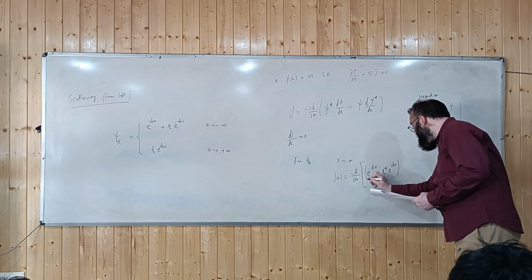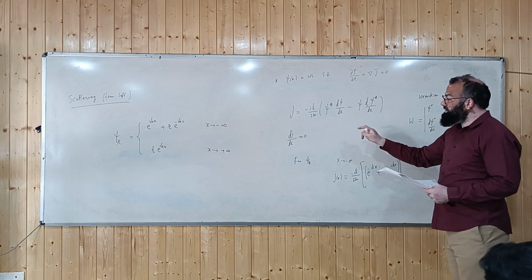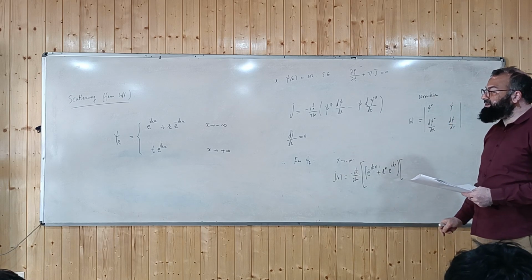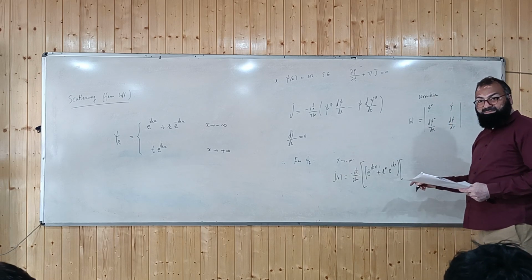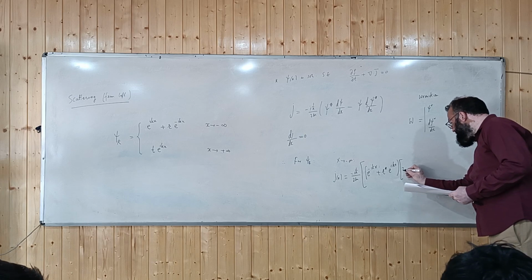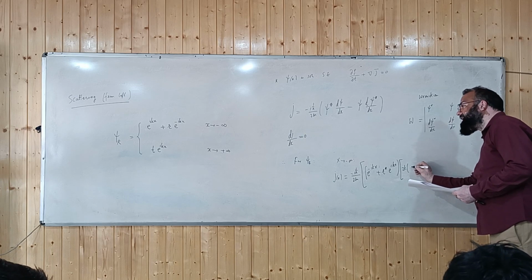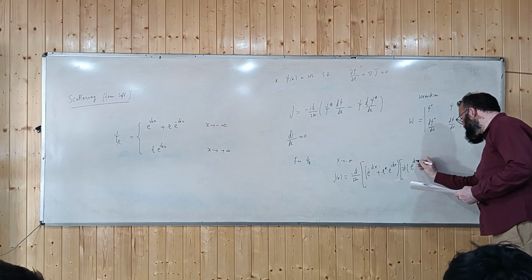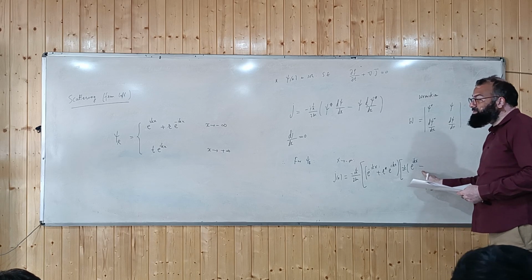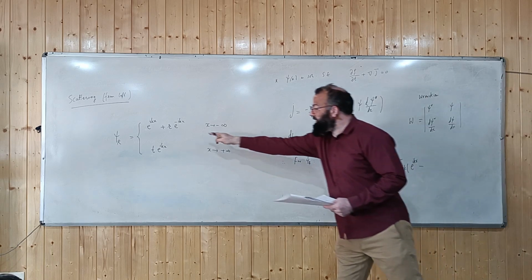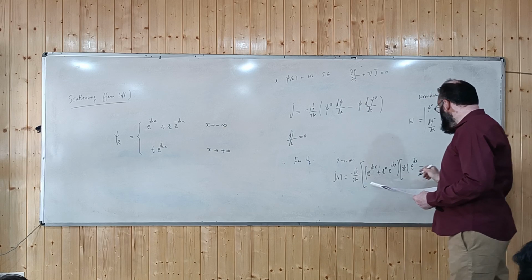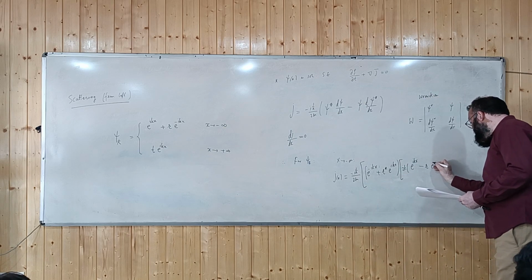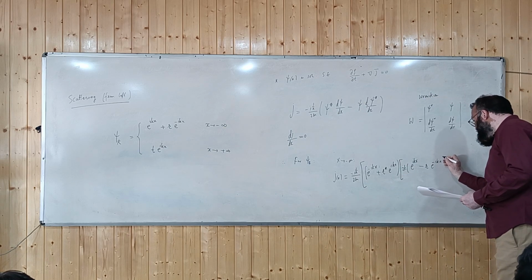Then you are having the derivative. Let's differentiate that solution, d psi by dx. So ik will come down. You are having ik, then e raised power ikx. Here it will be minus because you are having minus ik here. So it is r e raised power minus ikx.